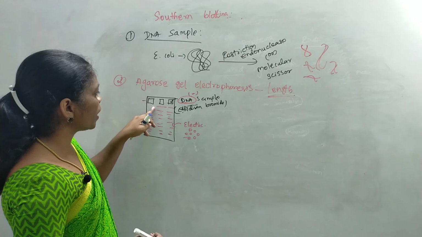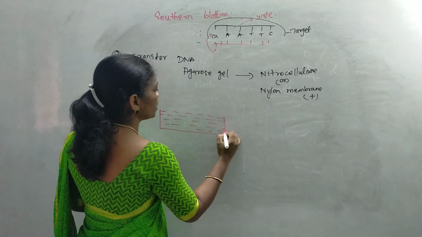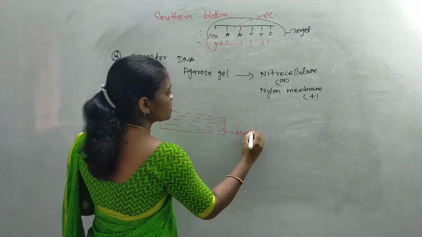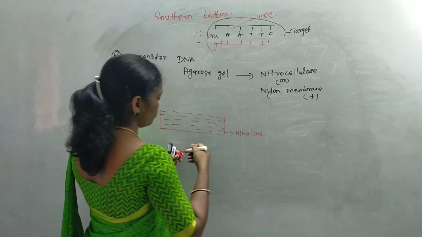To transfer the DNA from agar gel to the nitrocellulose membrane, I am going to use another method where I keep a tray filled with alkaline solution up to this region. This is the alkaline solution. It creates a capillary pressure. The transfer from the agar gel into a nitrocellulose membrane is based on capillary action.